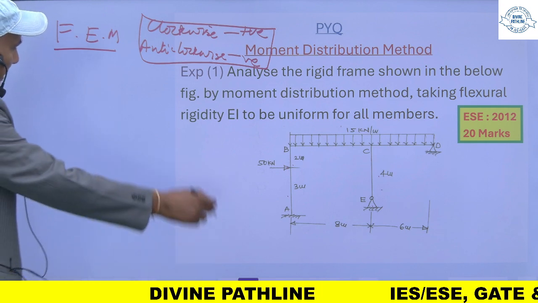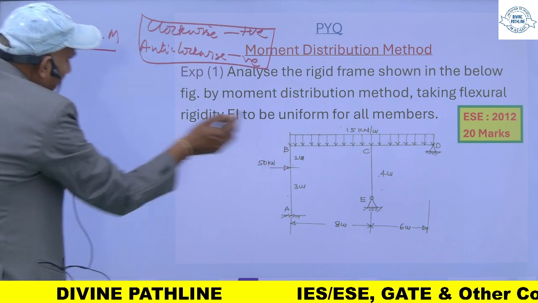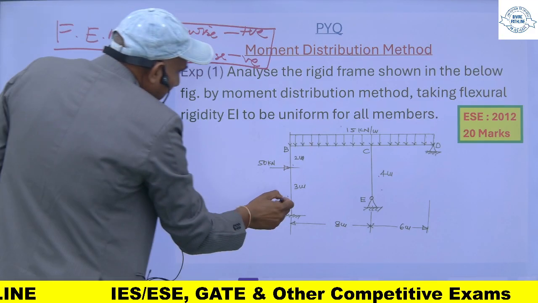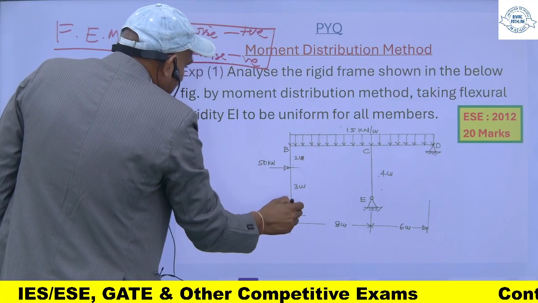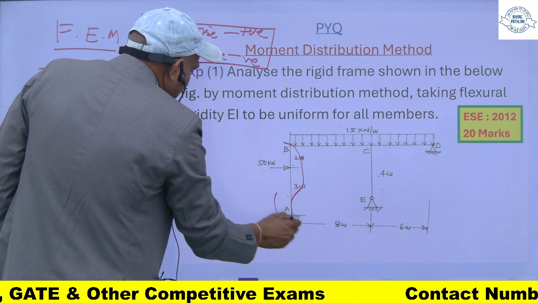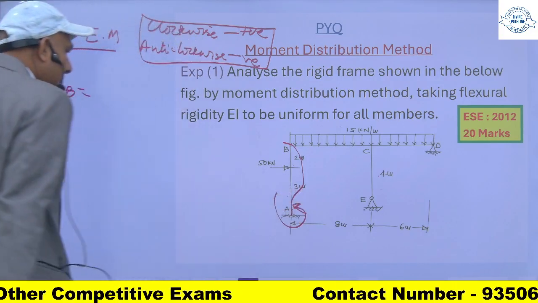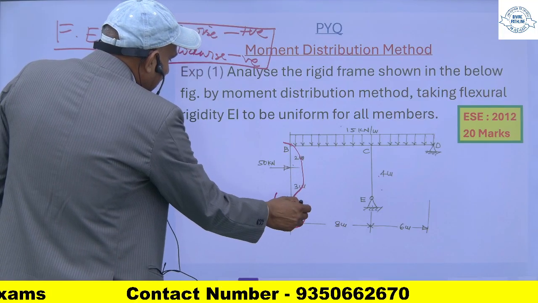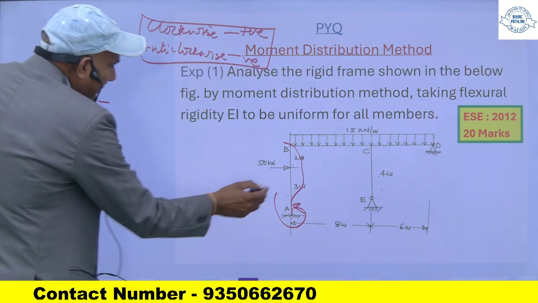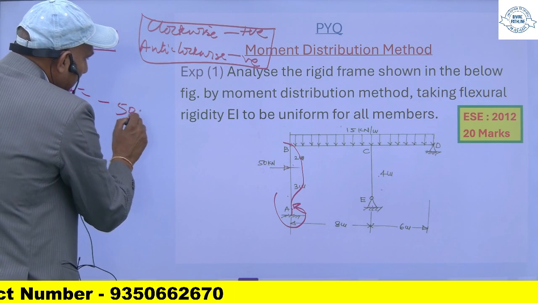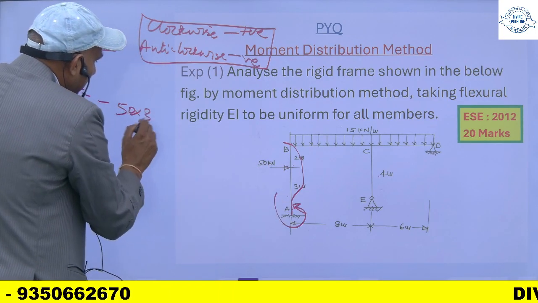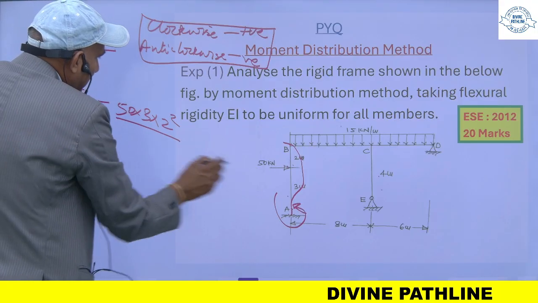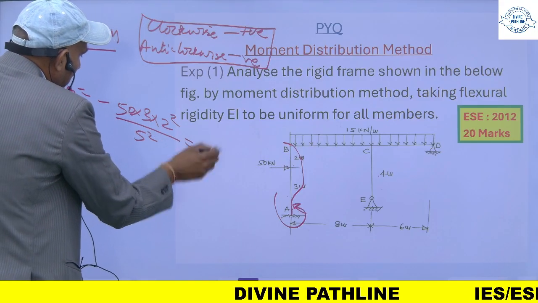So fixed end moment for this member, it will rotate like this. So this will be anti-clockwise, means negative, and the value will be 50 into 3 into 1 square upon L square. This is the formula, so you will get this value.